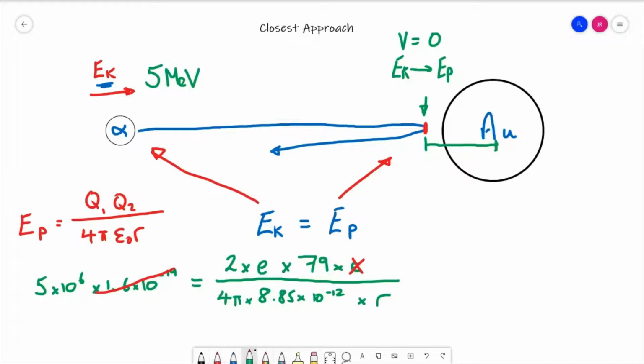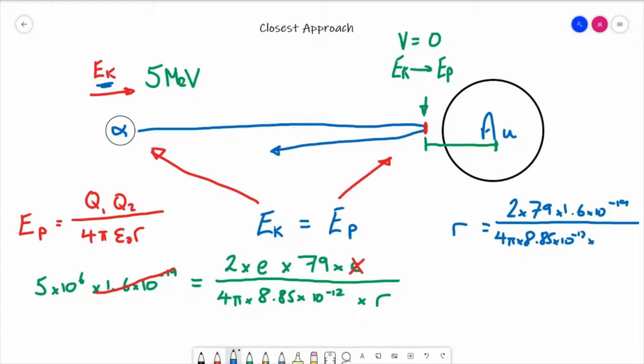What we end up with, let's change colour to blue as well, is r is equal to 2 times 79 times 1.6 times 10 to the minus 19, and we're going to divide that by 4 pi times epsilon naught, 8.85 times 10 to the minus 12, multiplied by 5 times 10 to the 6.